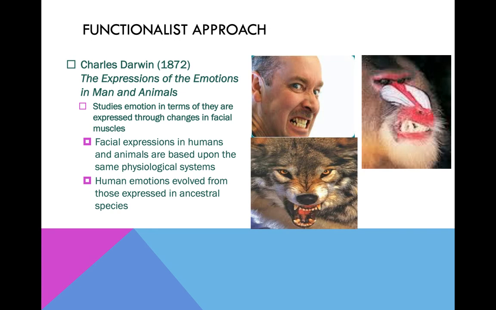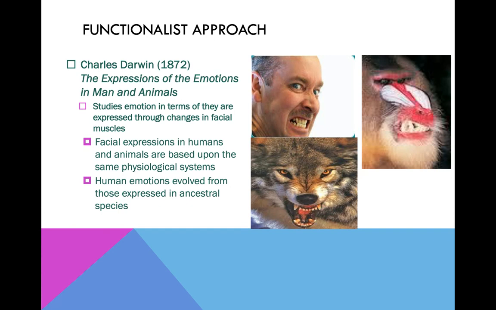Now, this functionalist approach, where emotions have a very specific function that allows us to communicate effectively, was proposed by Charles Darwin. So Darwin, in the book The Expression of the Emotions in Man and Animals, essentially studied emotion across the animal kingdom and realized that changes in emotion usually are expressed through changes in some sort of facial muscles, right?